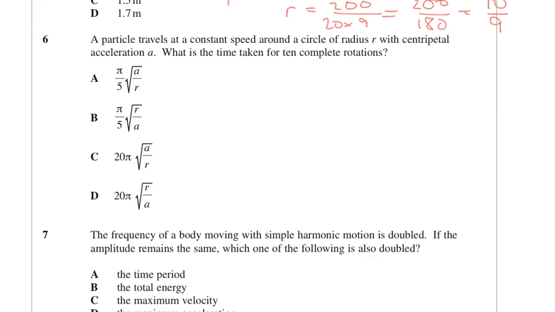The particle travels at a constant speed around a circle of radius r with centripetal acceleration a. What is the time taken for 10 complete oscillations?